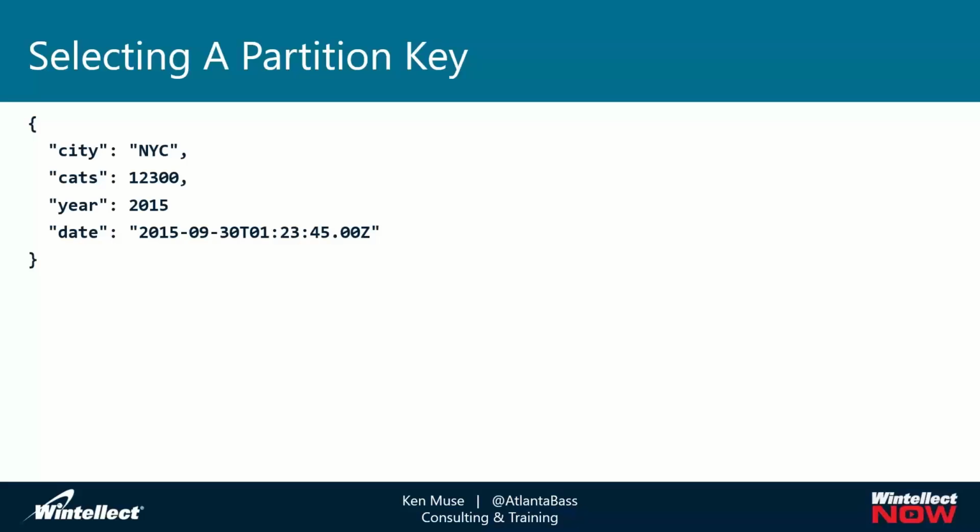Now, if I wanted to find everything organized by city, if I was doing my reports based on what's happening in a given city at a given time or between two date ranges, well, in that case, I may want to partition on city. And that would ensure that all of the data related to the same city is stored together. So as I walk through an example, let's say that that's how we're going to do it. We're going to work with a city, and we want all of our data generally to be grouped and reported on by city when we're talking to this particular container.